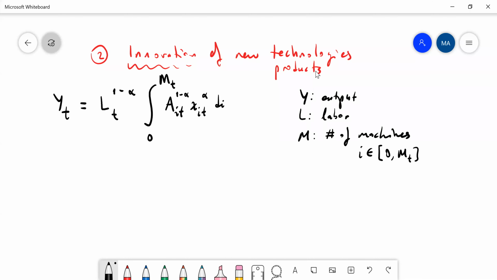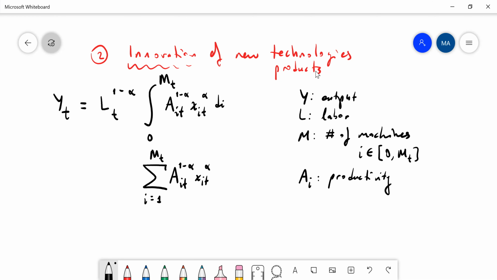There is an infinite number of machines actually, but their total mass is M. If you don't like the integral term here, you may write it in this particular way as well. You may suppose that these are discrete machines. You can also write this as an equivalent. A_i is the productivity of machine i.